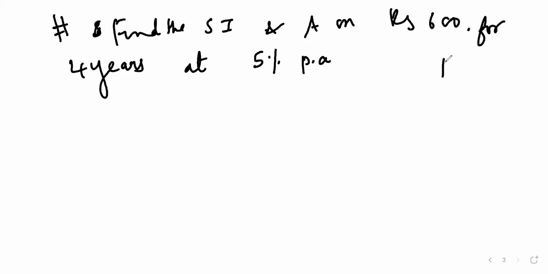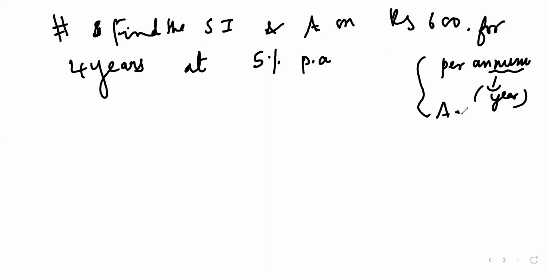PA means per annum. What is the meaning of annum? Annum comes from the Latin word which means year, right? So remember, per annum means per year. A means amount here, because I'm using them in the formula, I'm using that abbreviation itself.